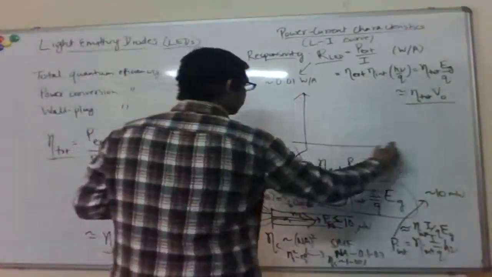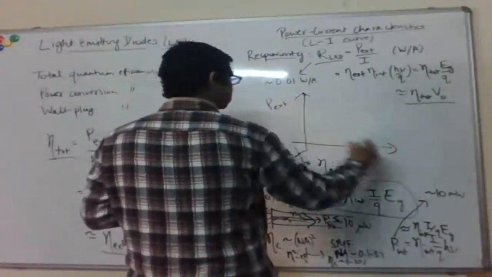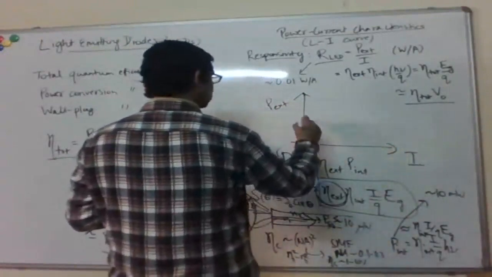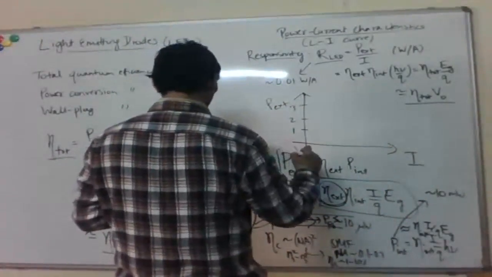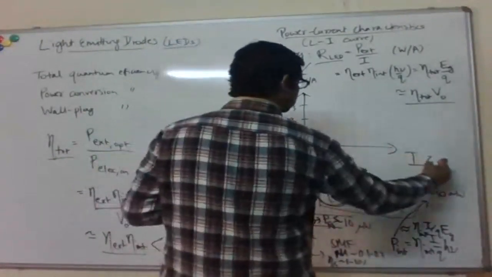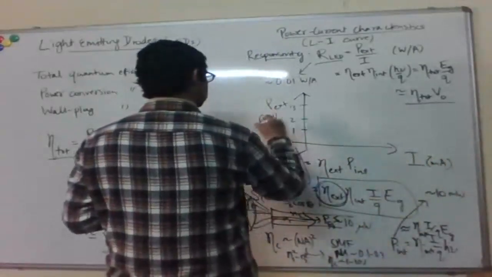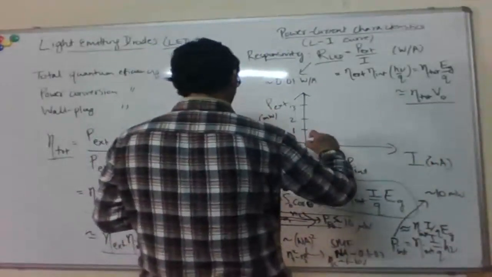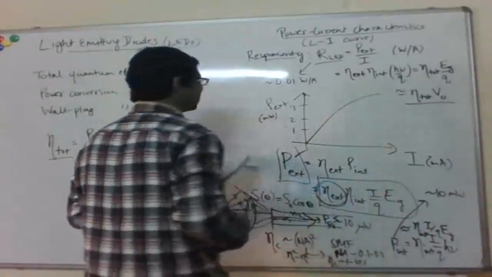So basically what this is telling us is the slope of the optical power versus current. Another thing to note is that this slope actually depends on the temperature.